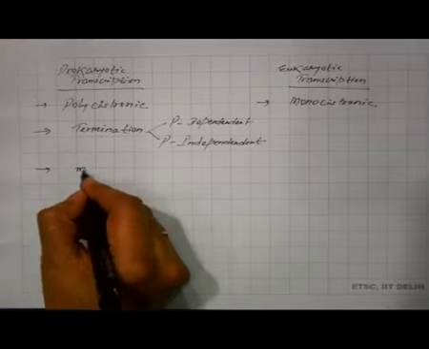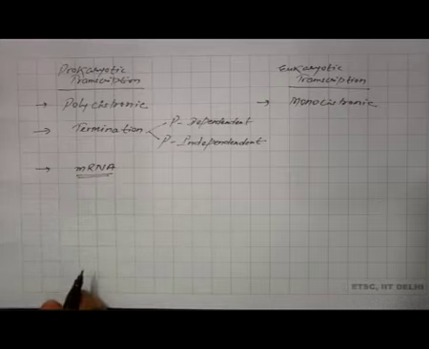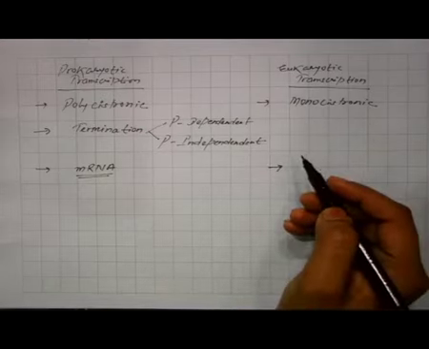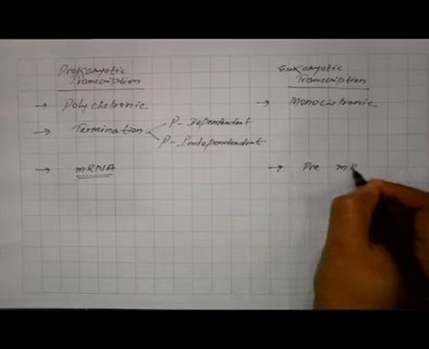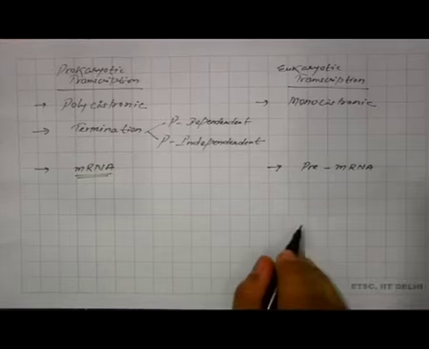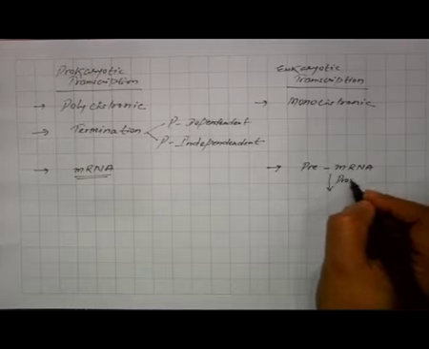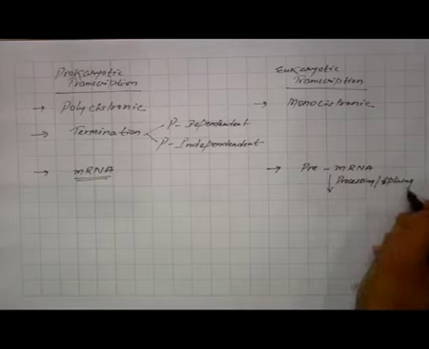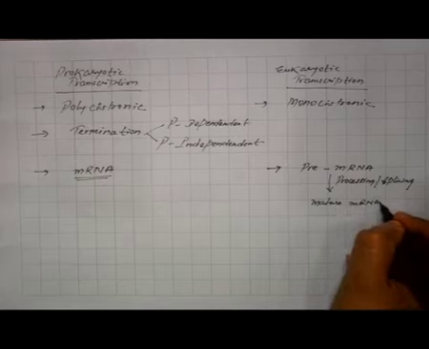If we talk about messenger RNA, in prokaryotes after transcription mature messenger RNA is synthesized, but in case of eukaryotes after transcription pre-messenger RNA is synthesized. Pre means precursor messenger RNA, which will undergo processing and splicing to form mature messenger RNA.